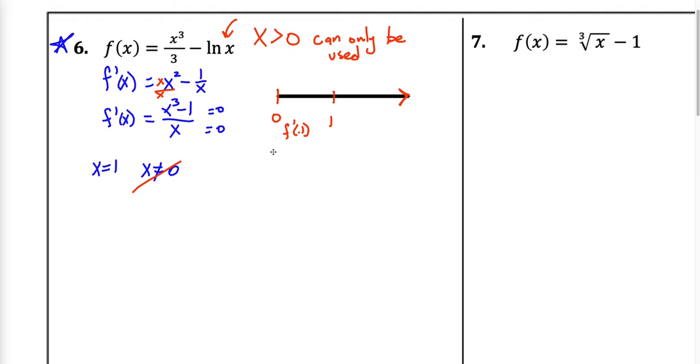You can use your calculator in this too. This one probably wouldn't be one where you'd be asked to do it by hand. So this would be 1/3000th minus ln of 0.1, which is a huge negative answer. So this would be a tiny number minus a big negative answer, which would make a positive slope.